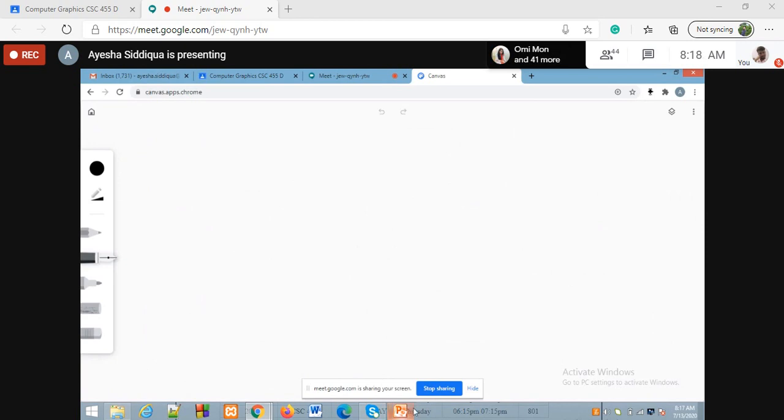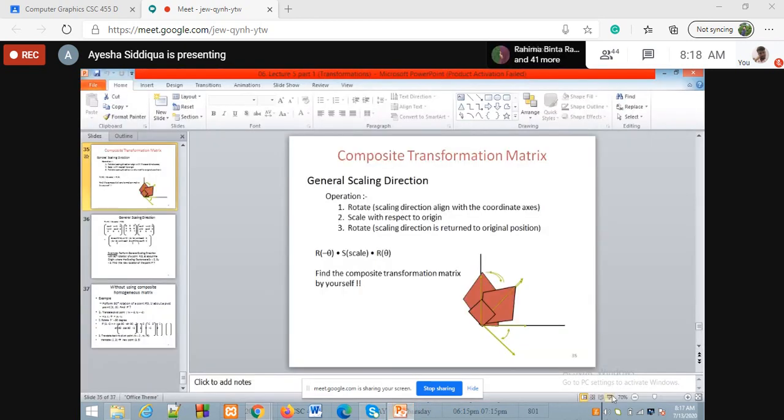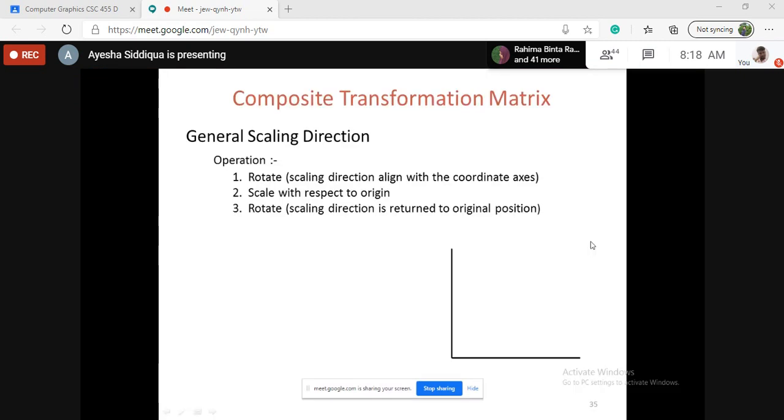So in this case, you can see that first we have rotated, then we have performed the scaling, then we have again rotated. That means we will have two rotation factors, one positive and another negative, and one scaling factor.